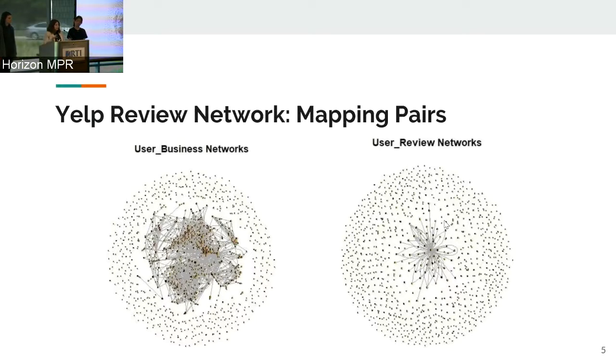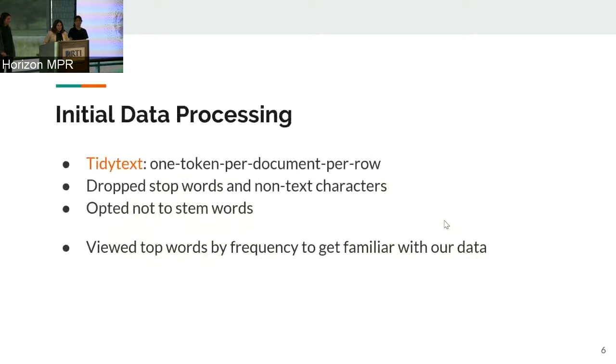And then in the center of this hairball, you can identify restaurants as clusters by reviewers that are connected because they have provided a review for that business. On your right-hand side, you can see the review network, identifying reviewers that have only provided a review for one establishment in the periphery, and in the center, reviewers that have provided more than one review. And I will leave it up to Claire, who is going to provide more information on the text analysis that was conducted.